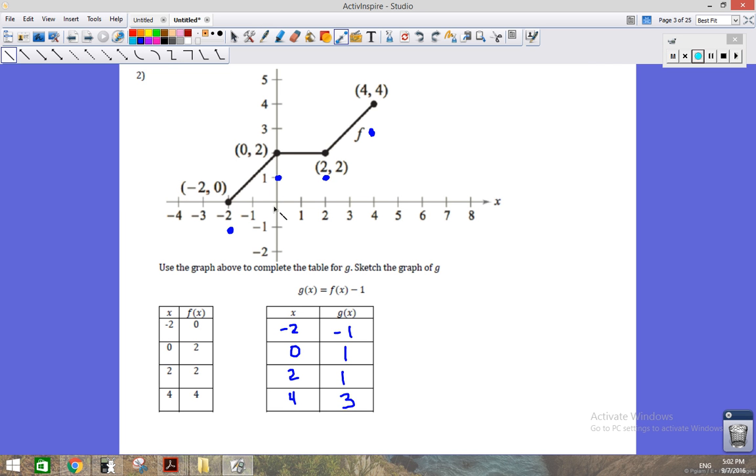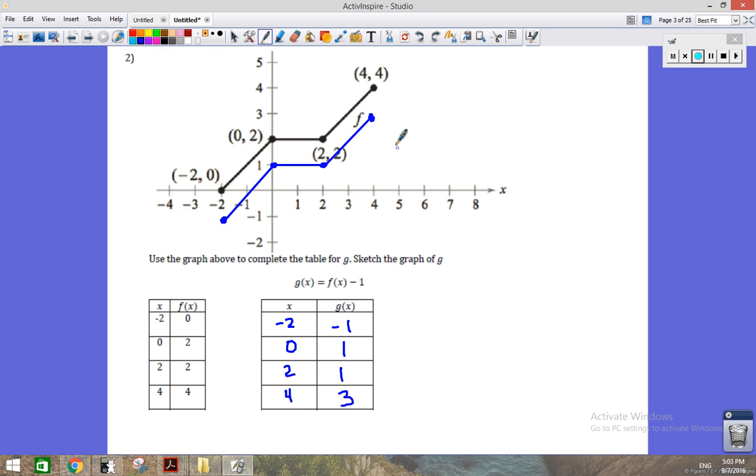Let's connect the points. And we can see that this new graph that's in blue that we have labeled this function g is just a shift down 1 unit.